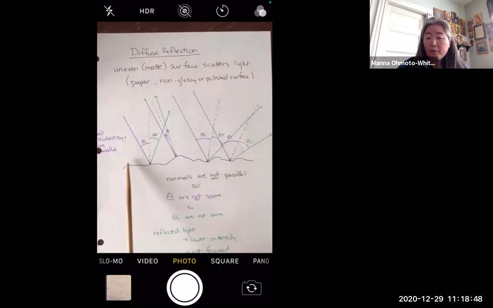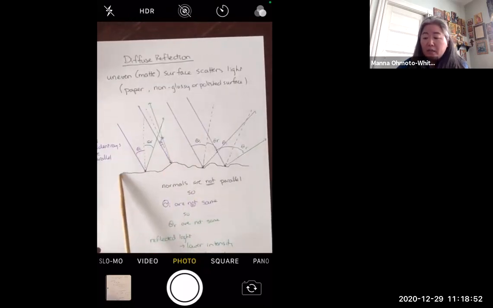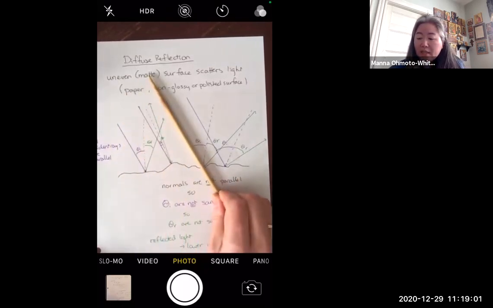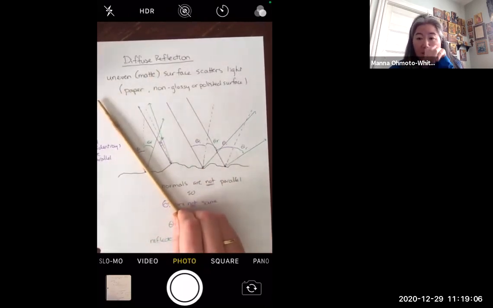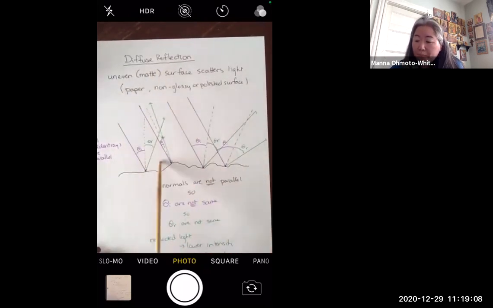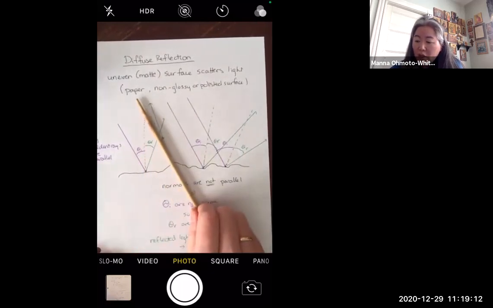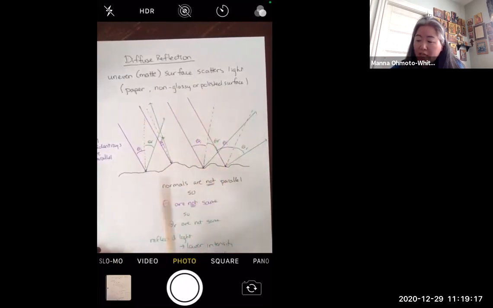So if I have a close-up view of a matte surface, an uneven surface, here I'm really emphasizing the fact that it's uneven. What happens is even if all of the incident light that's coming in is parallel to one another, right? So all of these purple lines are coming in parallel like a beam of light. Because the normal lines at the surface are not parallel to one another, none of these angles are the same to their normals, right?